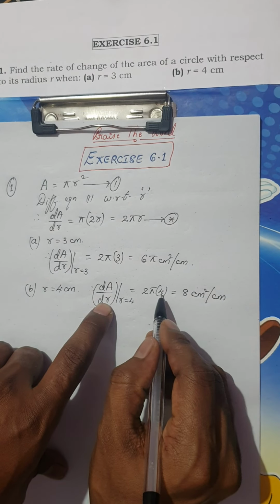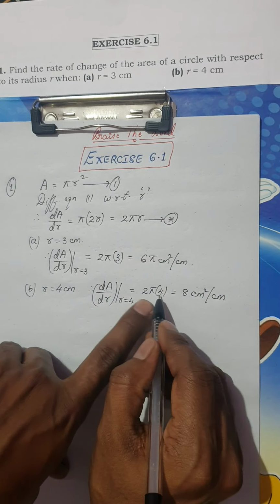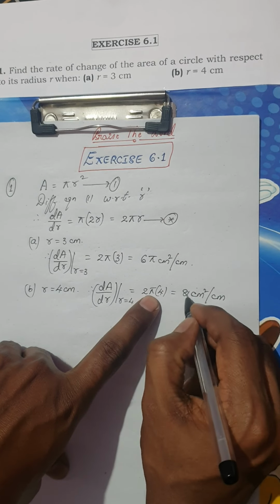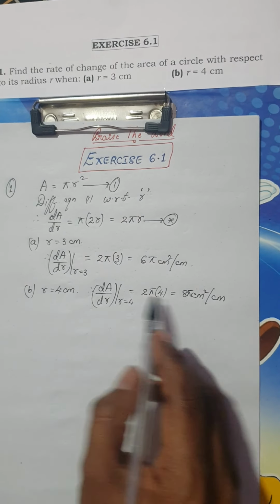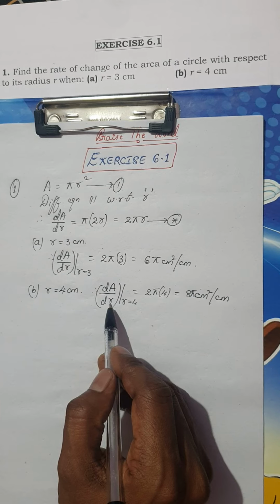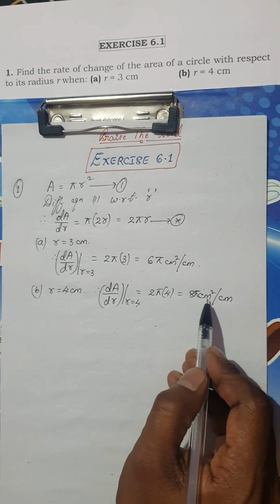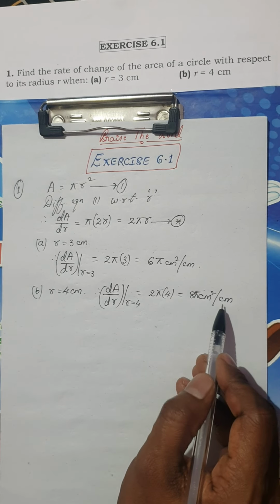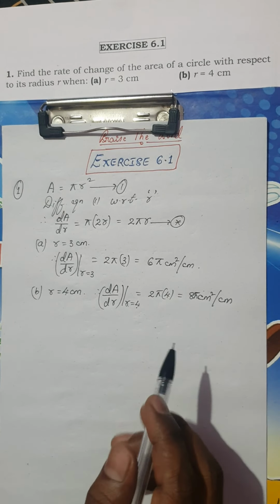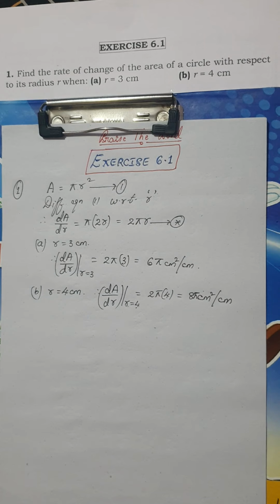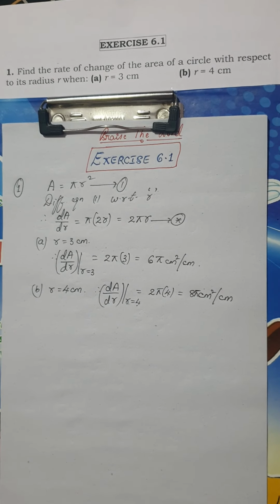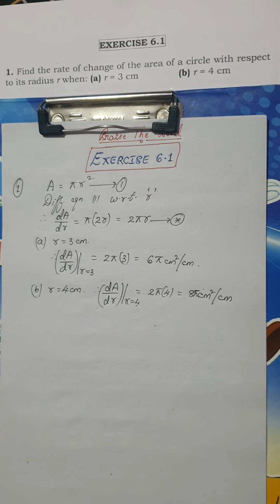It is 8 pi because 4 into 2 is 8 and I have a constant here, pi. So the rate of change of area with respect to radius when r is equal to 4 is 8 pi centimeter square per centimeter. So this will bring to the conclusion of the first question, a very simple question, and this would be useful for your CET questions.